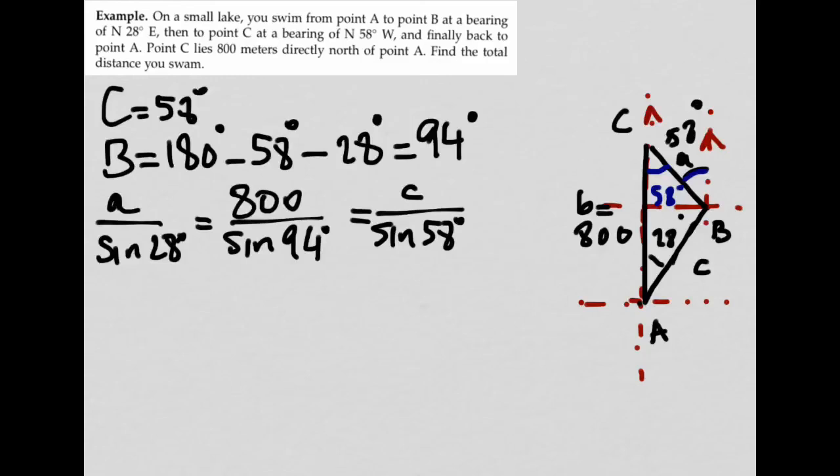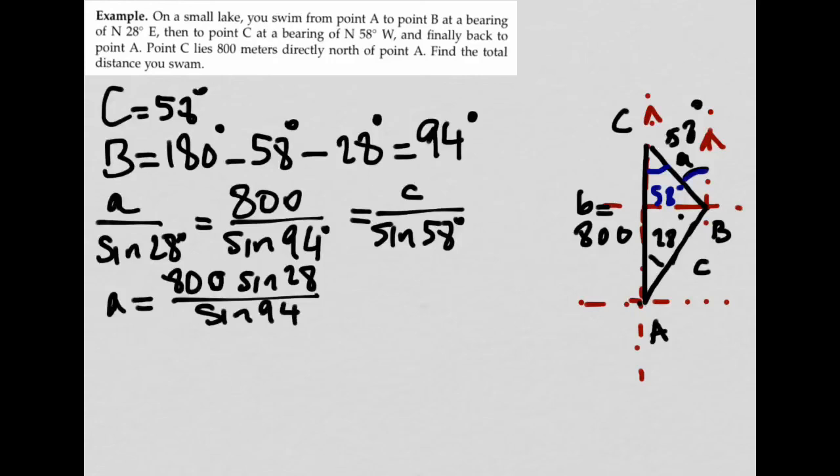So we have two equations to solve by cross multiplying. Notice that A is equal to 800 sine 28 degrees divided by sine 94.